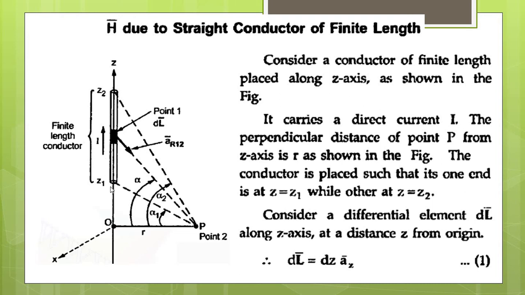One end is at z1, the other end of the conductor is at z2. And here we will consider a differential element dl which is located at a distance of z from the origin. So dl can be written as dz into az as it is along the z-axis.